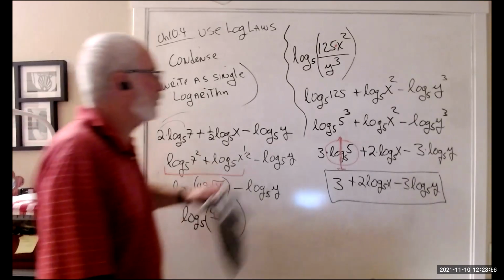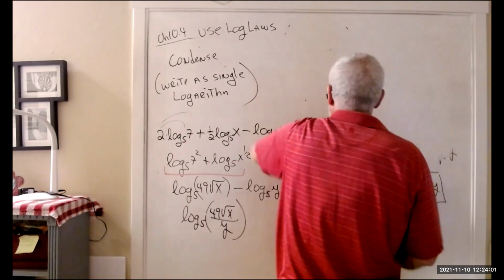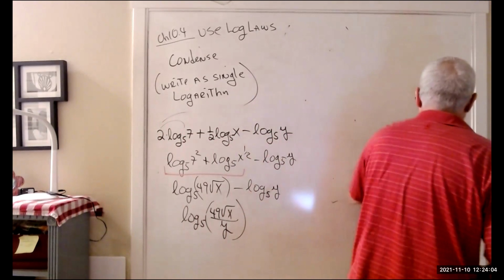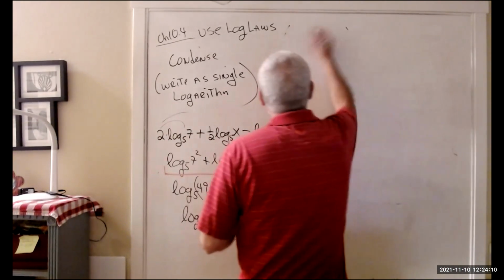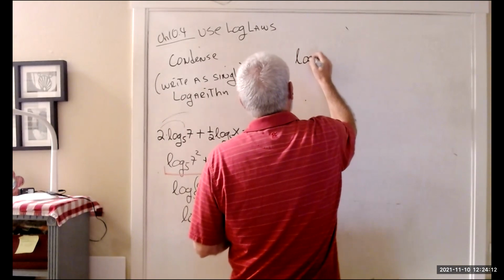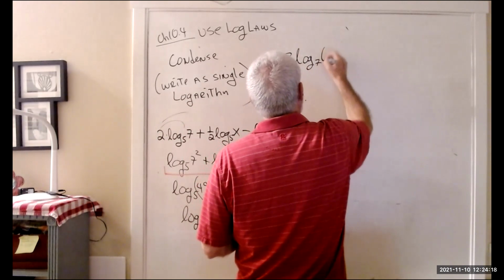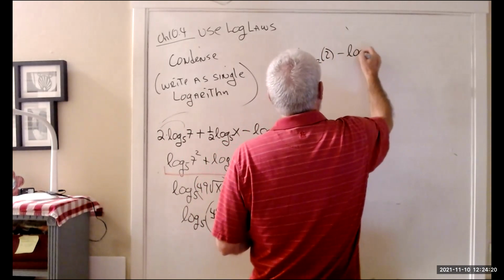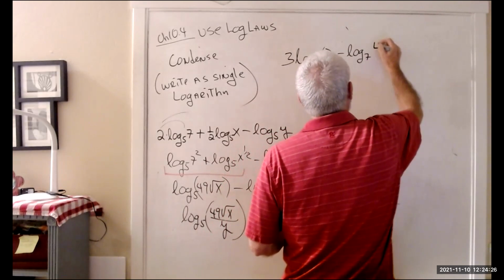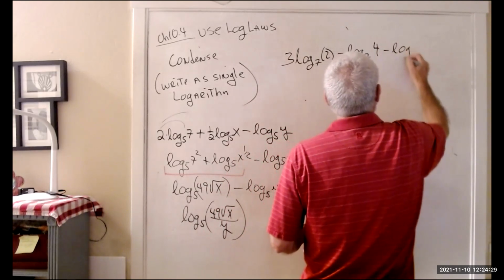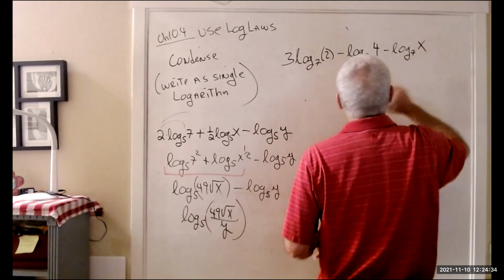All right, you guys try this one on your own then. 3 log base 7 of 2 minus log base 7 of 4 minus log base 7 of x.